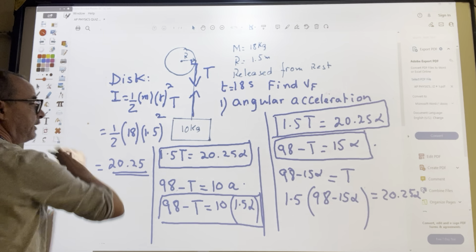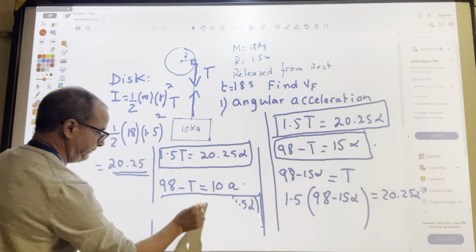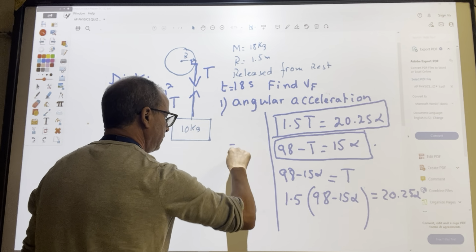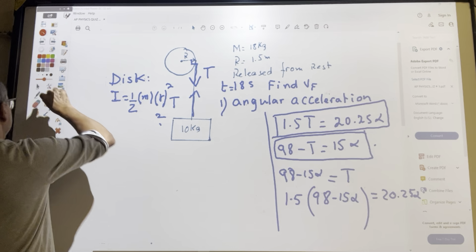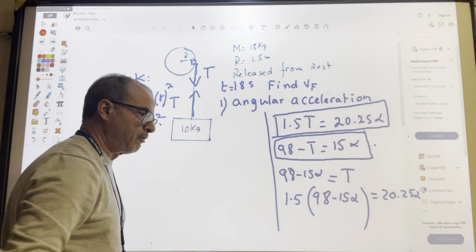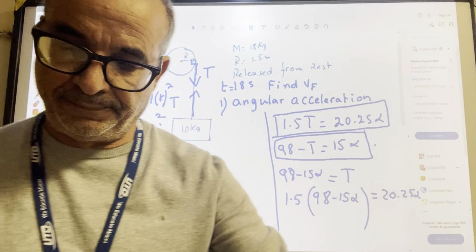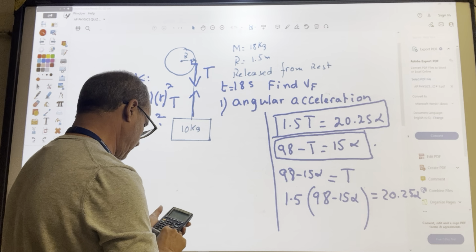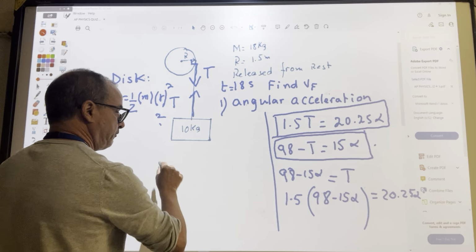So let me erase over here. Like I said, the physics part is done, we're just doing the algebra part. All right. So, I'm going to multiply 1.5 times 98. 1.5 times 98, and then I get 147.